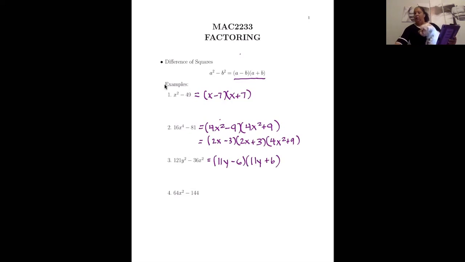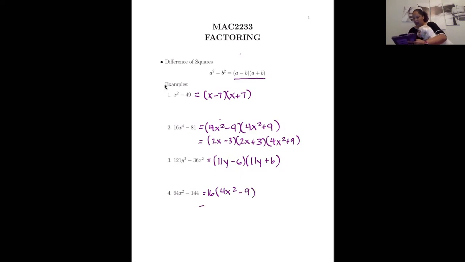I believe they're both divisible by 16. So let's factor out a 16. I get a 4x squared when I divide 64x squared by 16, and 144 divided by 16 is 9.